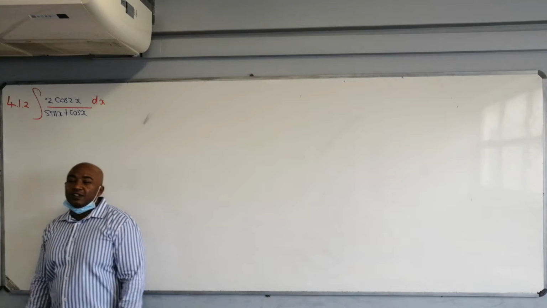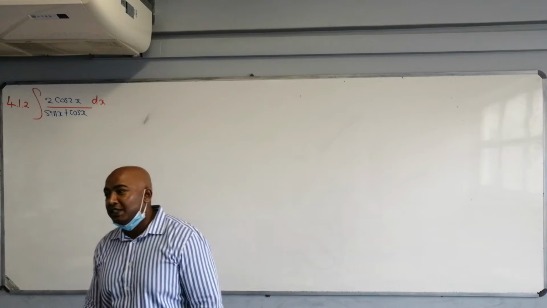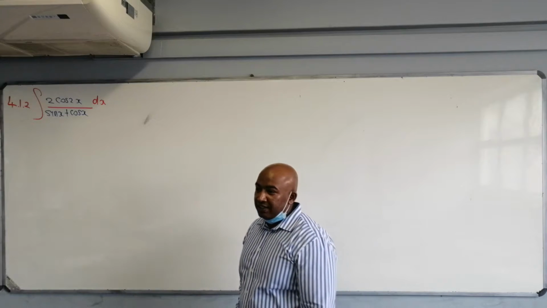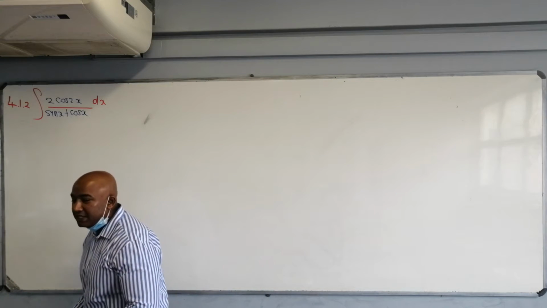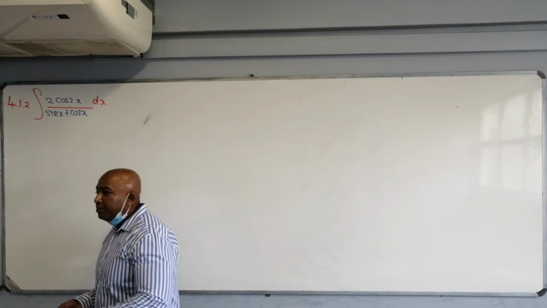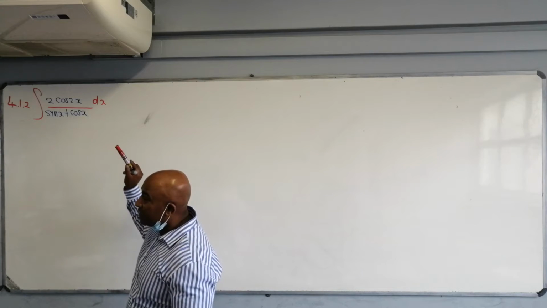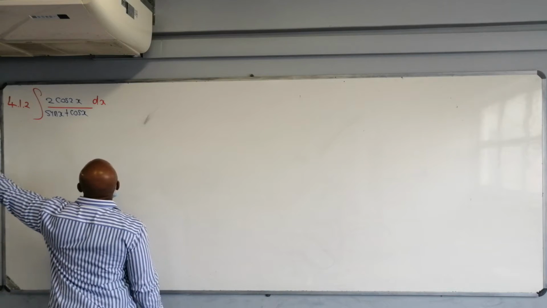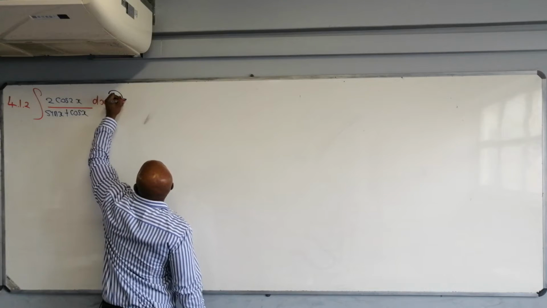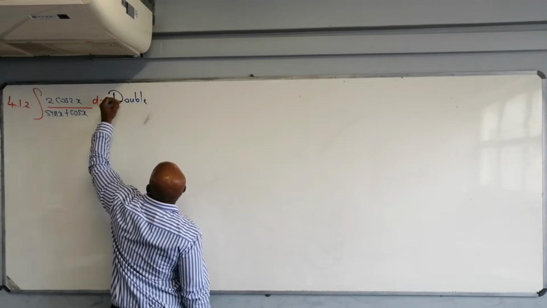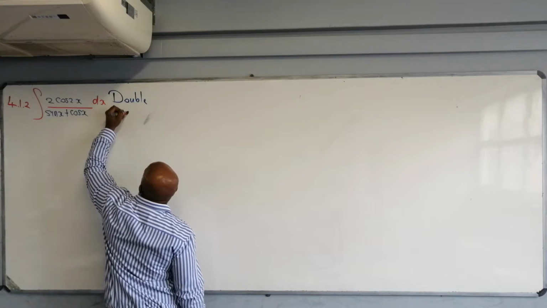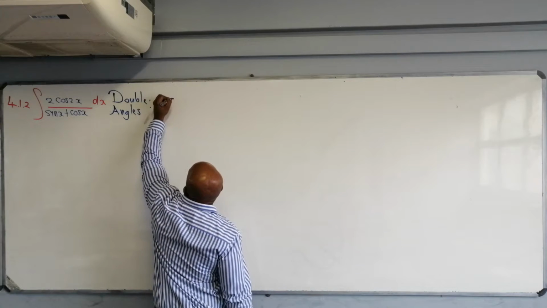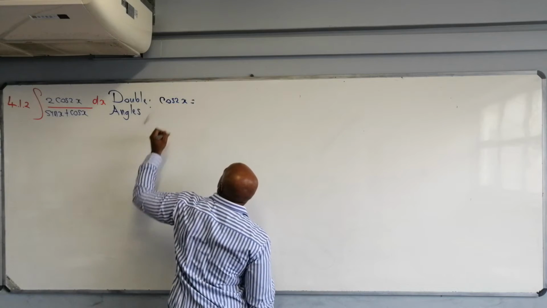when you look at this, you need to think of your N4 trigonometry. Okay, think of proving identities. You would have come across examples like this in N4 trigonometry, proving identities. You notice the double angle. Okay, so here, your double angle formulas. So we have cos 2x.